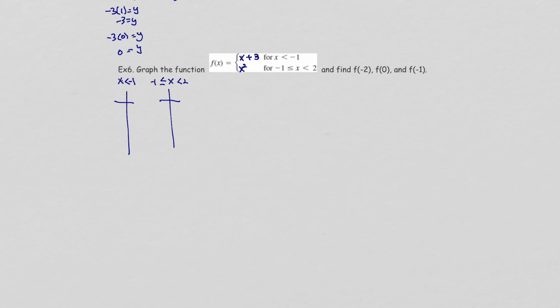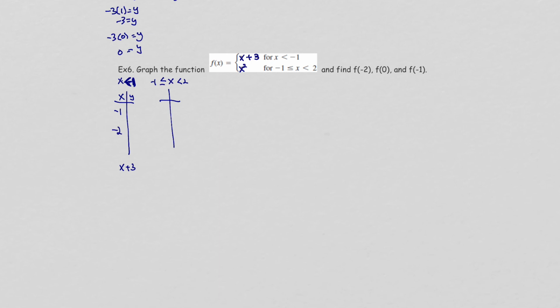So for x smaller than -1, we're going to use x plus 3. So I'm going to start with -1, because that's where it starts to differ. Always start from the given number, even if it's not included, even if it doesn't have the equal sign with it. So for smaller than -1, that's going to be maybe -2.